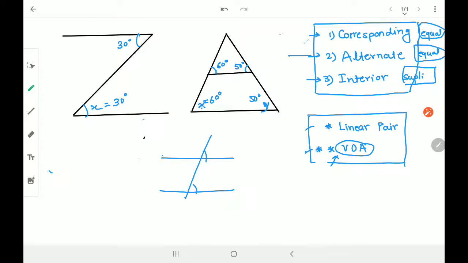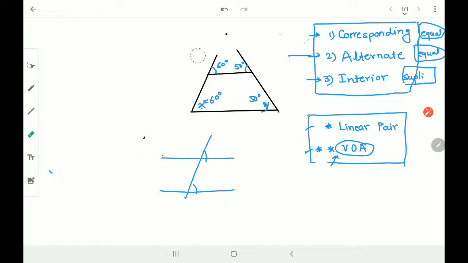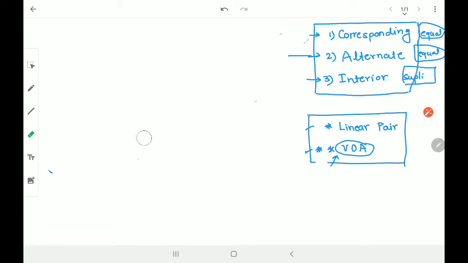Interesting, isn't it? But the lines are supposed to be parallel to have these conditions: corresponding angles equal, alternate angles equal, and interior angles supplementary. One should understand that all these are properties of parallel lines. Corresponding angles being equal is a property of parallel lines. So whenever I ask you, I expect that you know the property holds only for parallel lines.